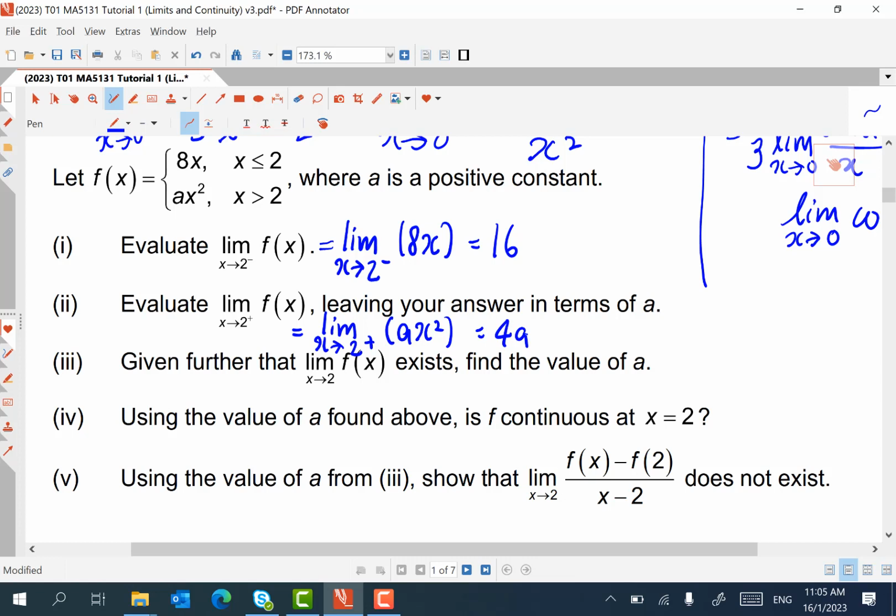For part 3, if you straight away say the answer is 4, you get 0. I want you to know, you get 0. What you need to do is say from this line, it therefore implies that, you have to say explicitly.